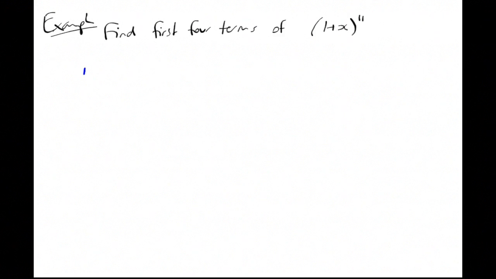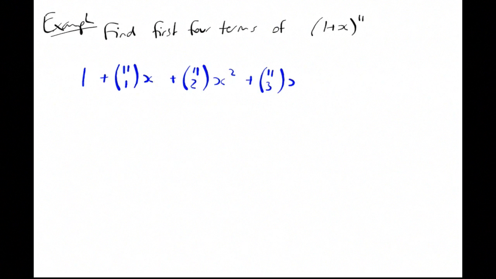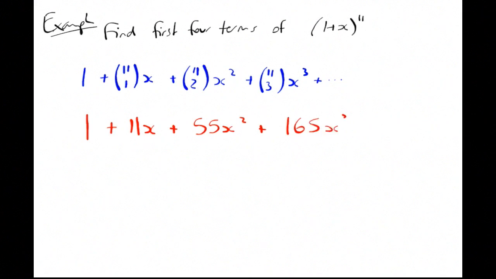An example of these: find the first 4 terms of 1 plus x to the power 11. Well, 1 plus x to the power 11 is just going to be 1 plus 11 choose 1 x plus 11 choose 2 x squared plus 11 choose 3 x cubed. That simplifies to 1 plus 11x plus 55x squared plus 165x cubed. You can find these on your calculator.